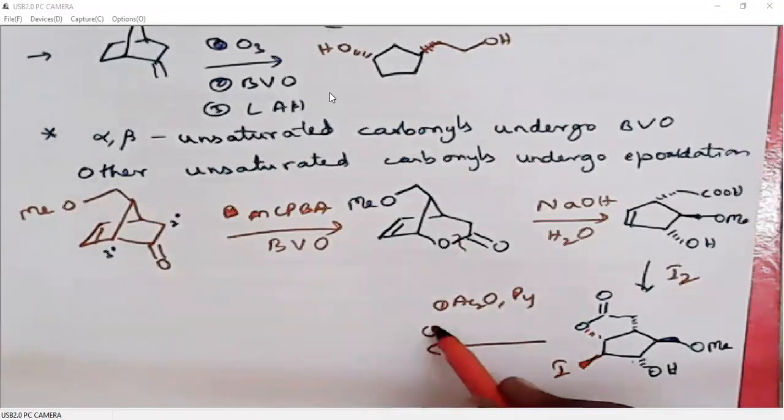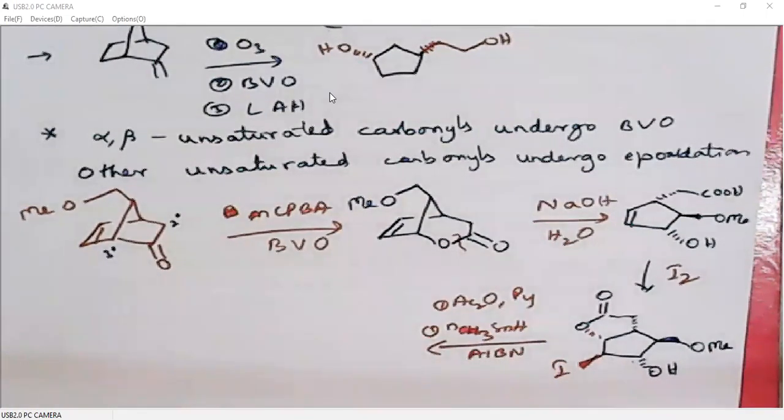Then when we add tributyl tin hydride and AIBN, this condition is used for radical generation. AIBN is a radical generator, and tributyl tin hydride will continue that radical reaction. Generally, it is used for deiodination or dehalogenation. Tributyl tin hydride and AIBN is used for dehalogenation.